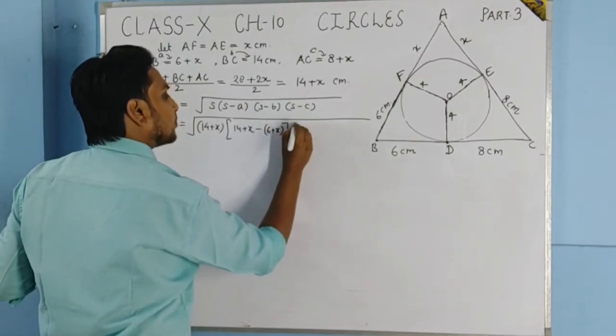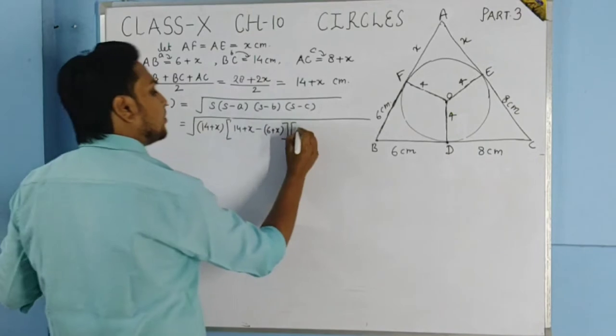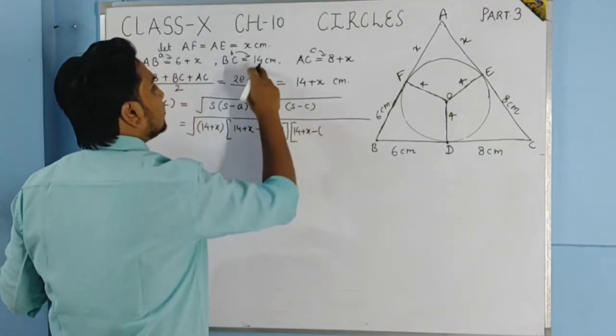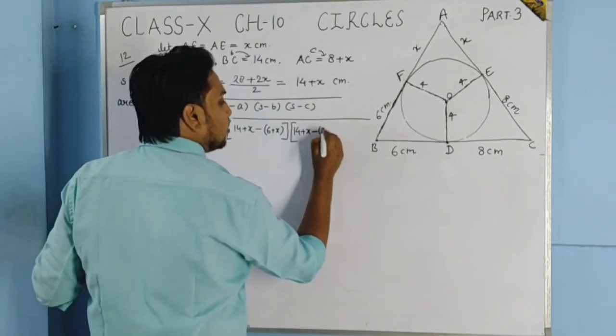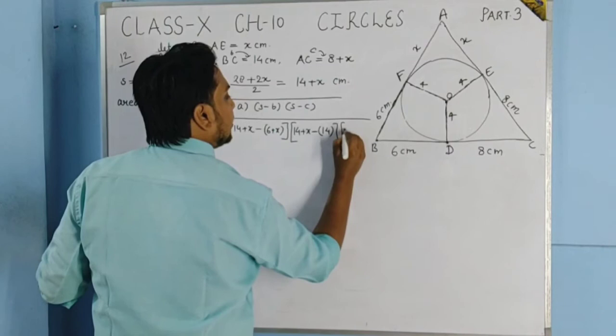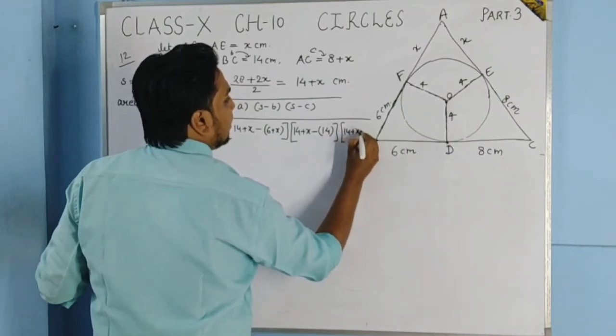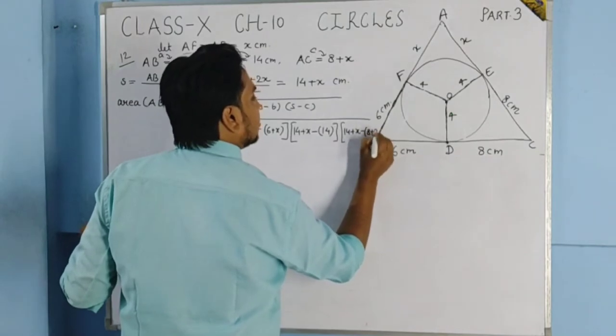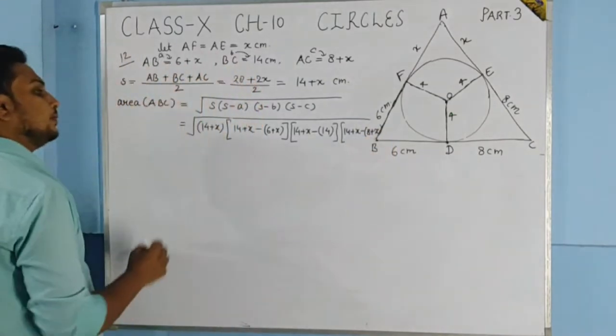In the second bracket, S minus B, so 14 plus x minus B is 14 centimeter, so it is 14. S minus C, so 14 plus x minus C; at the place of C, 8 plus x is there, so here it is 8 plus x.